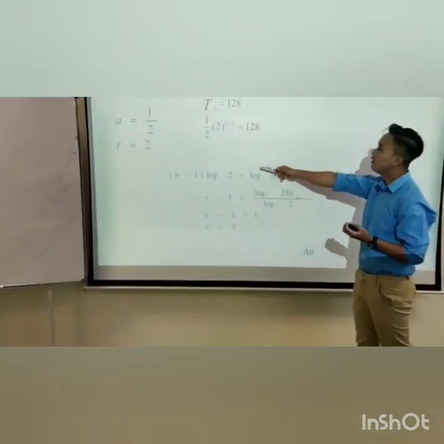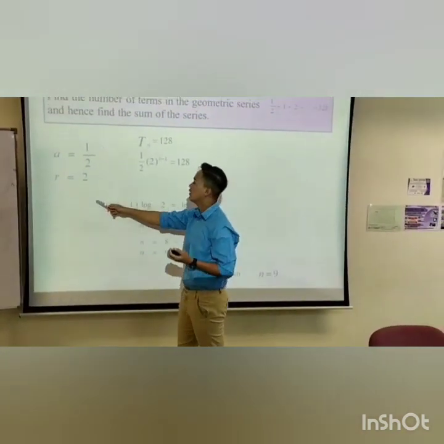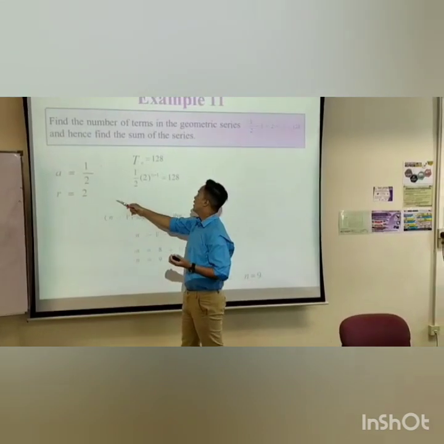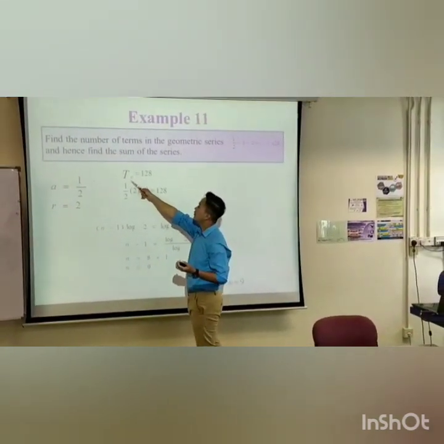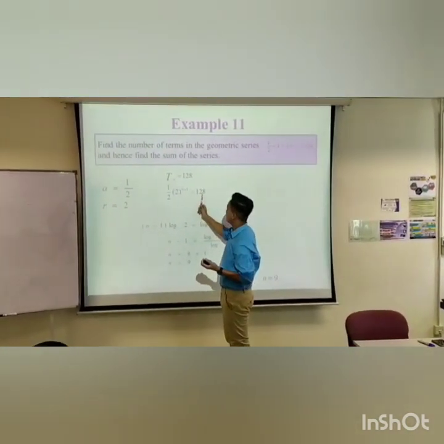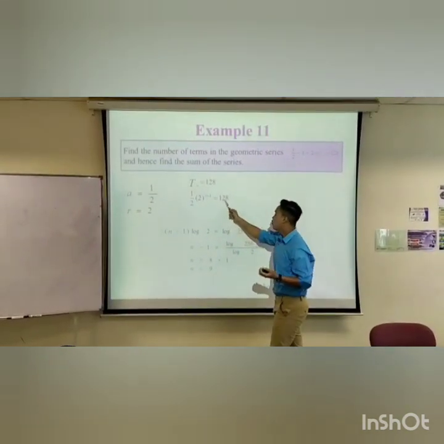First term A, and we must know what the common ratio is. And then we substitute into this to know what n is.